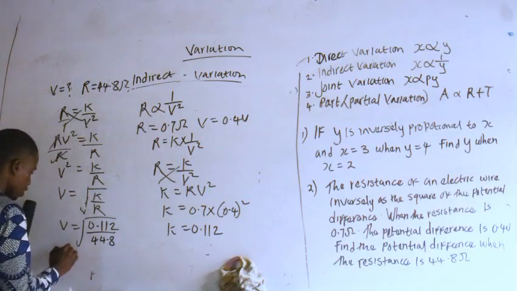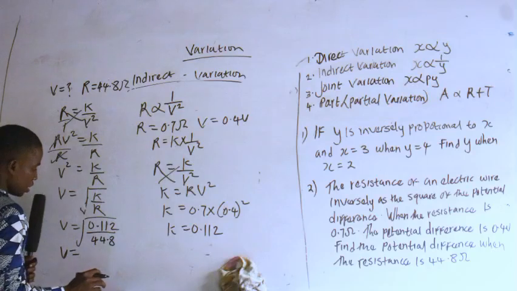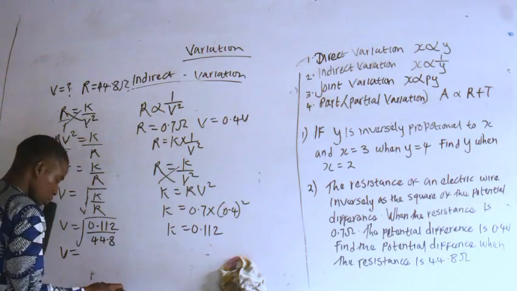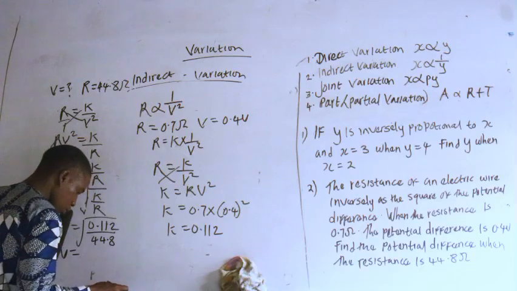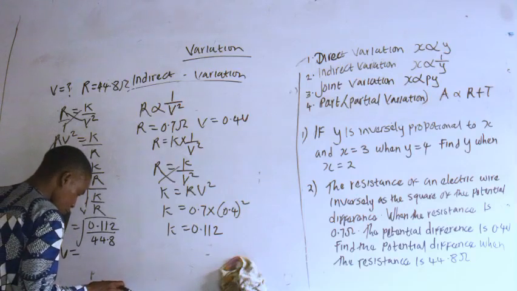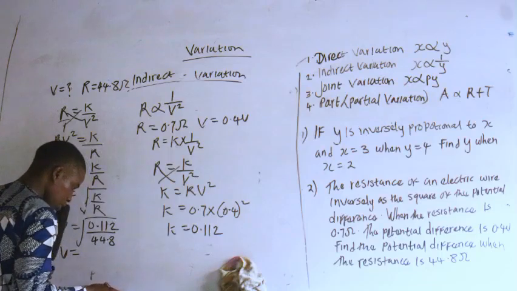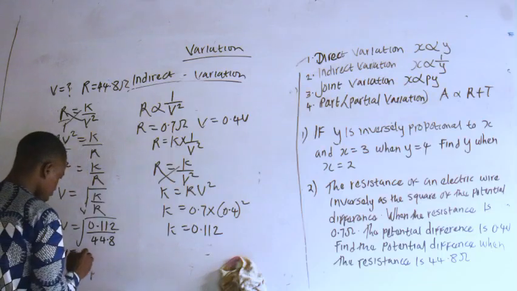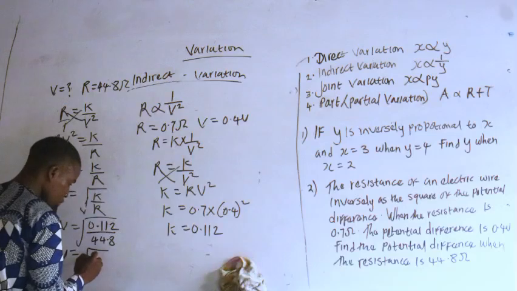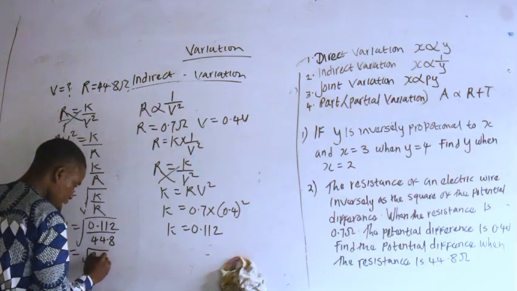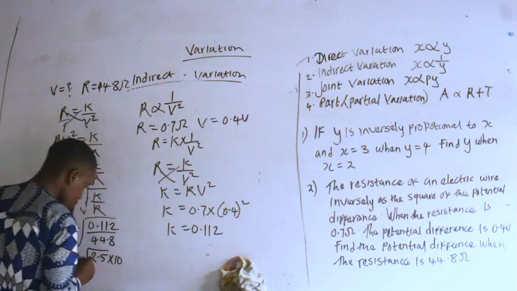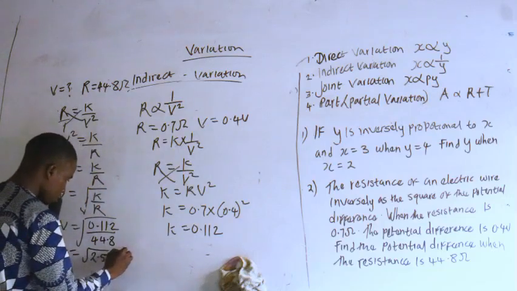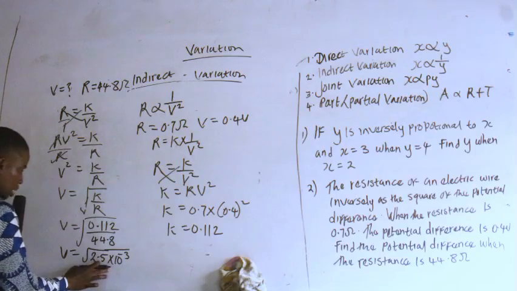Our V equals 0.112 divided by 4.8. The answer is root 2.5 times 10 raised to the power of minus 3.